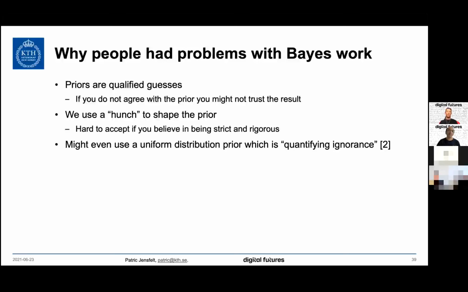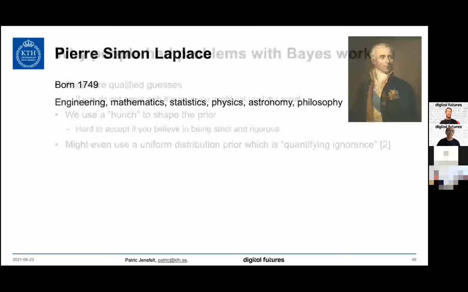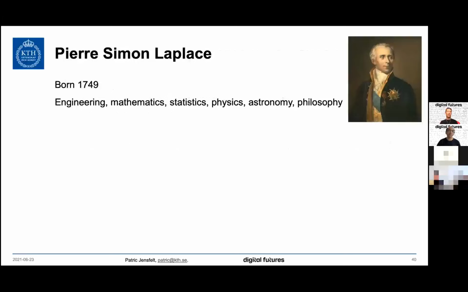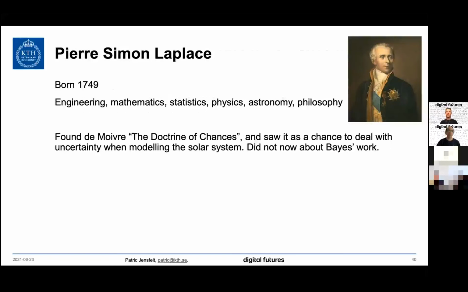All right, so the next step in the history belongs to Laplace. He was born in 1749 and did a lot of different things. Somewhere along the line, he found the same book that Bayes had found, though he didn't yet know about Bayes' work. He was hoping to use this probability framework to say something about the solar system he was trying to model.